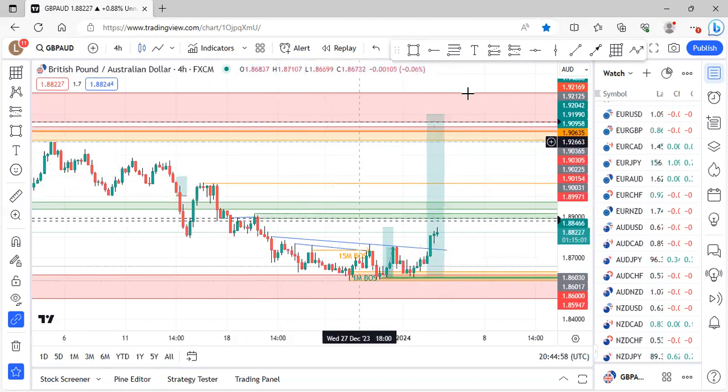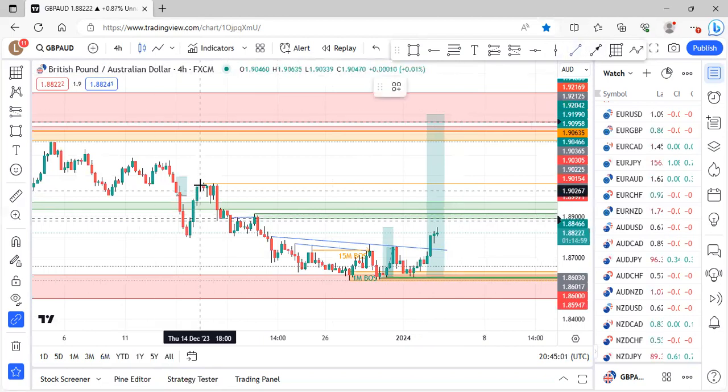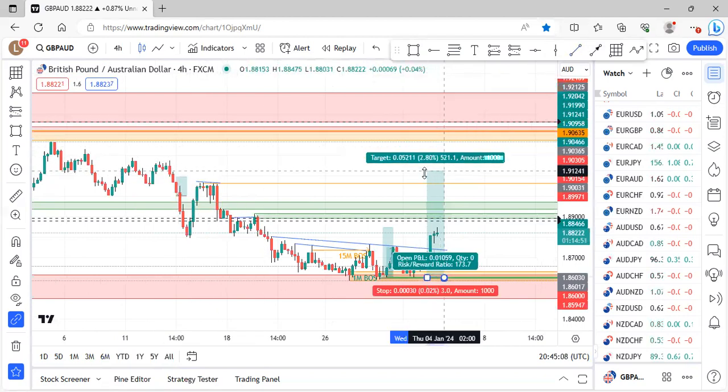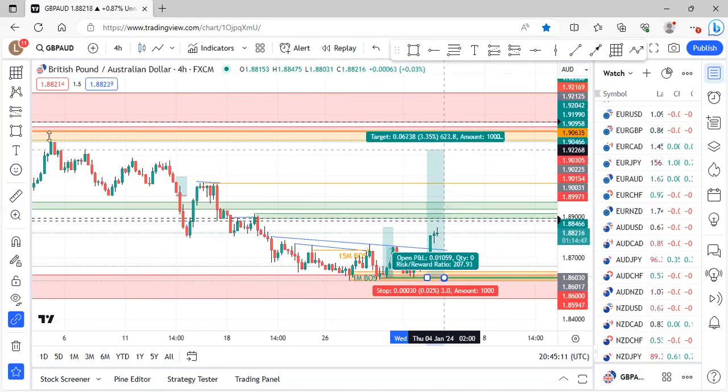So just looking at this as well, then. It might go straight through it and head up to that one. I bet there might be a sweep or trend line down there.